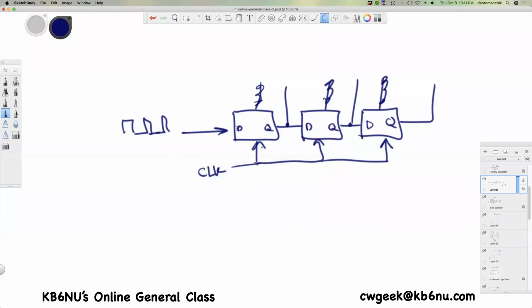This data stream coming here, you clock it in, and it would turn this serial data stream into a parallel data stream. That's a practical use for it. And this is called a shift register, because you're shifting the data.